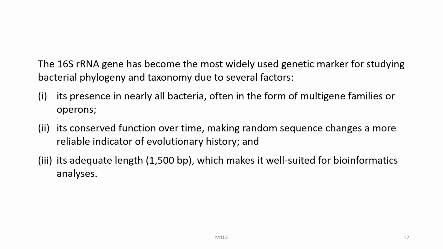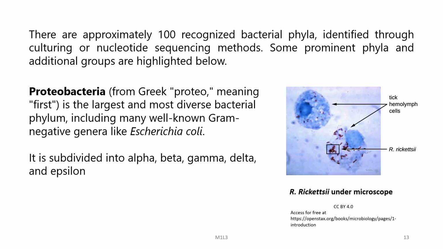This particular gene has a conserved function over time, making random sequence changes a more reliable indicator of evolutionary history, and it has adequate length, roughly around 1500 base pairs, which makes it well suited for bioinformatics analysis. Currently, there are approximately 100 recognized bacterial phyla identified through culturing or nucleotide sequencing methods. Let us see some of the prominent phyla and additional groups in the following slides.